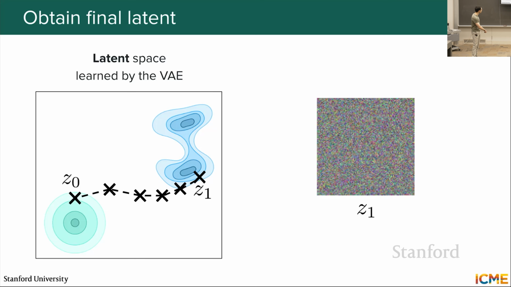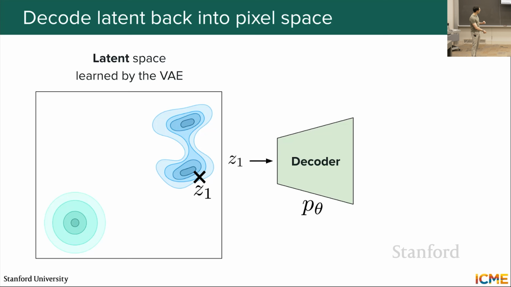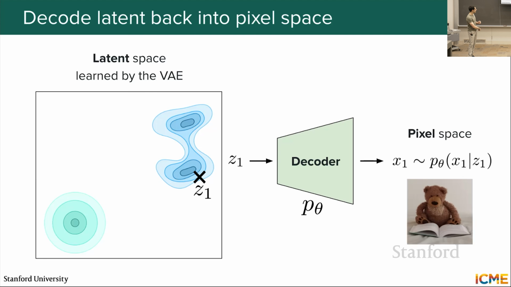And so the last step is to take the final latent, Z1, and pass it through your VAE decoder, because you want to go back to the pixel space, because we humans understand pixels. We don't understand the latent, or at least not yet. And we get the pixel space image, which is the image of your teddy bear reading a book.